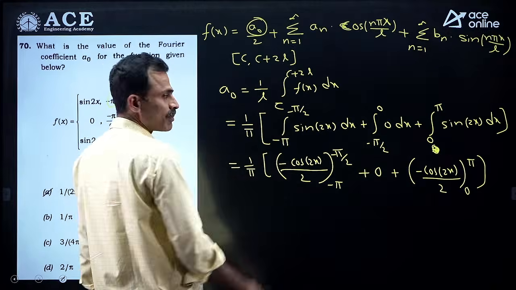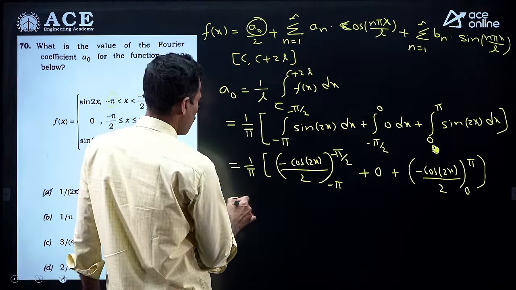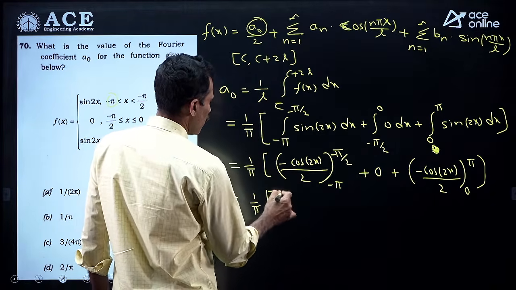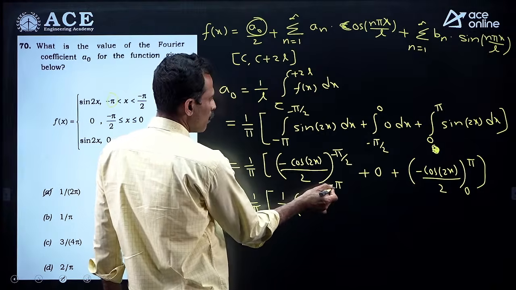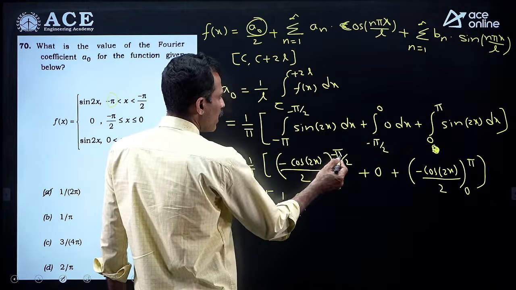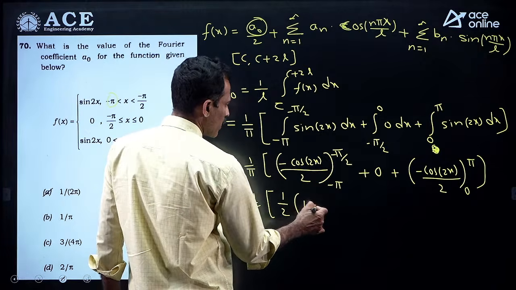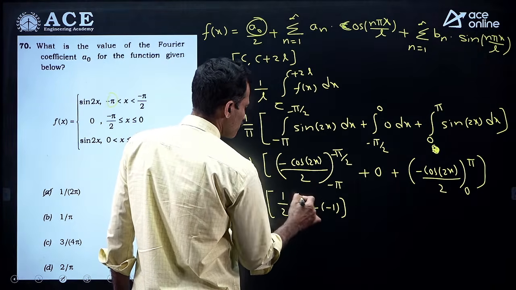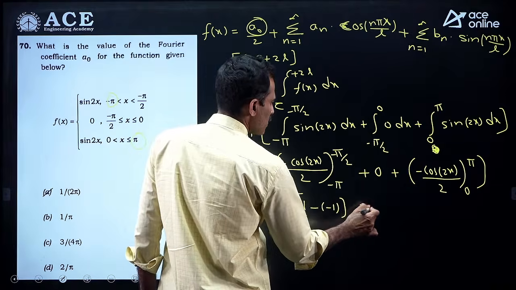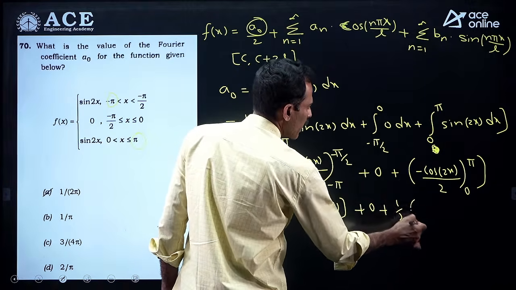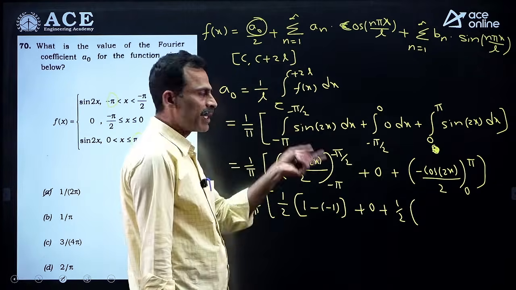Because of the minus sign, first we substitute the lower limit and then the upper limit. 1 by pi times 1 by 2 into cos 2 pi, that is plus 1. Next x equal to minus pi by 2, the 2 gets cancelled, cos pi is minus 1, plus 0 plus 1 by 2. Again with the minus sign, first we substitute the lower limit and then the upper limit.